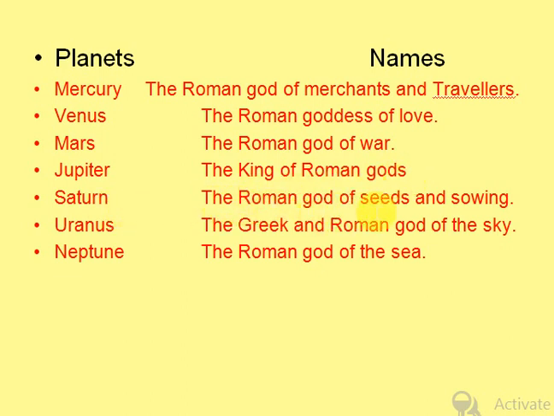Saturn, the Roman god of seeds and sowing. Uranus, the Greek and Roman god of the sky. Neptune, the Roman god of the sea. So these were some interesting facts for you to know more about these planets.